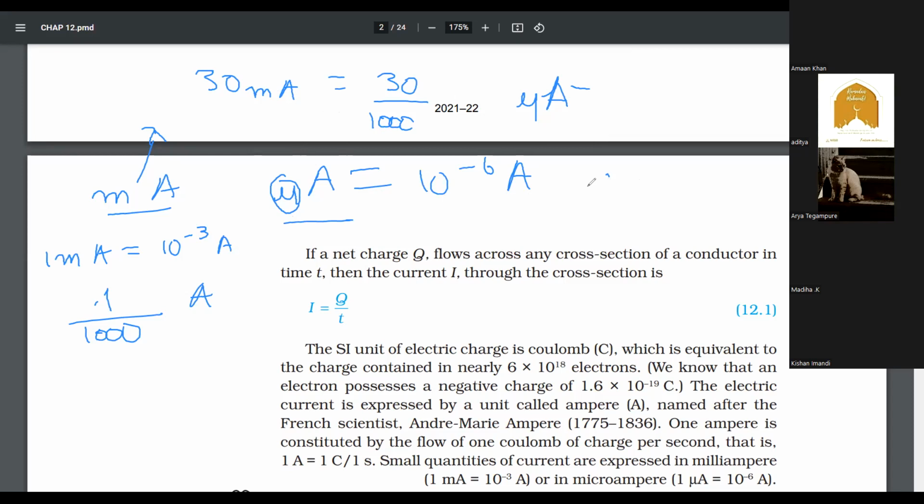They sometimes give you current in milliamperes or microamperes, which means if you're given milliamperes, you have to multiply by 10 to the power minus 3, and if you're given microamperes, you have to multiply by 10 to the power minus 6, because otherwise your answer will not be in the standard unit. So always bring all of these quantities into their standard unit: coulomb, second, and ampere.